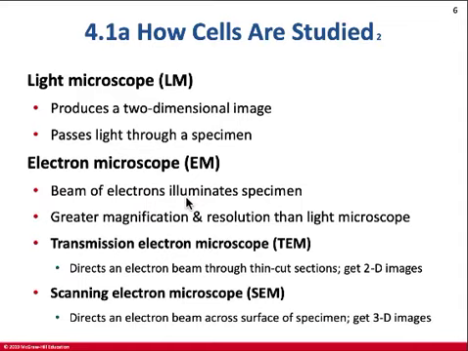Electron microscopes are much more expensive pieces of equipment. They cost between $1 million, $2 million on average, and they use a beam of electrons that hit a fixed specimen that's been dehydrated and coated in tungsten in order to visualize structures that are as small as viruses.